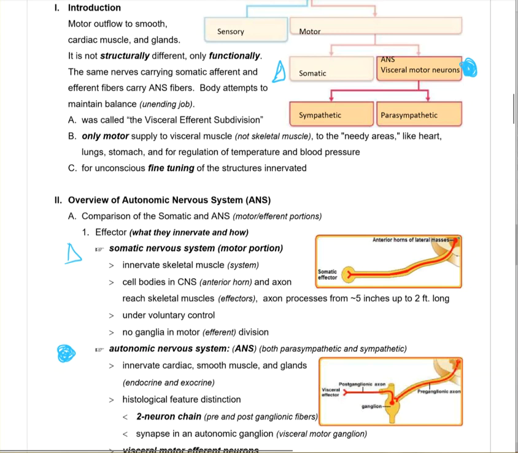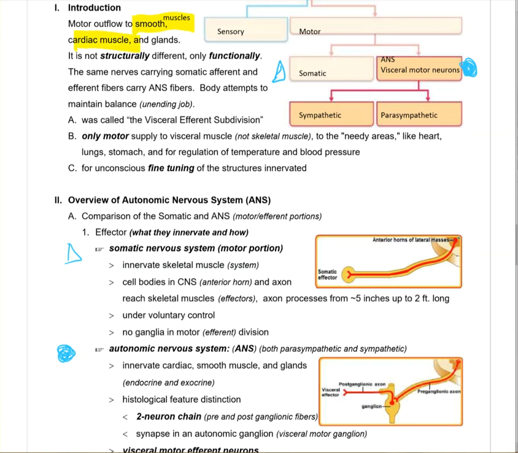Okay, so now we can see where we're talking about right below. So it says motor outflow to smooth muscles, cardiac muscle, and glands. That's part of the ANS. That's where the ANS is sending messages, right? Smooth muscle, cardiac muscle, and glands.